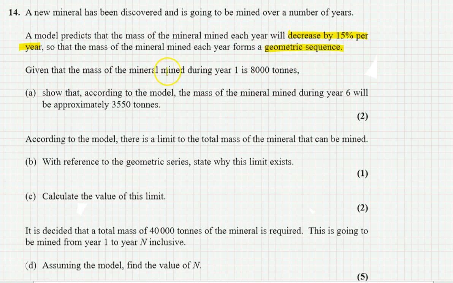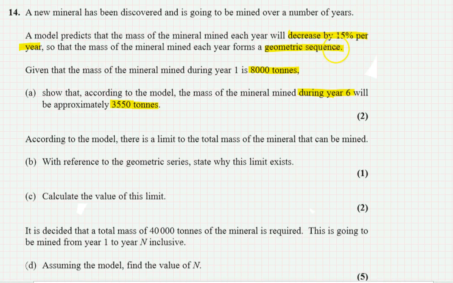Given that the mass of the mineral mined during year 1 is 8,000 tons, show that according to the model, the mass of the mineral mined during year 6 will be approximately this one.